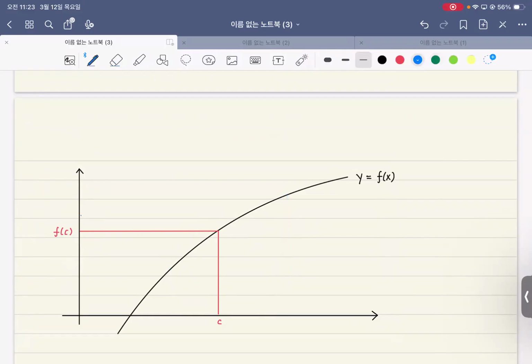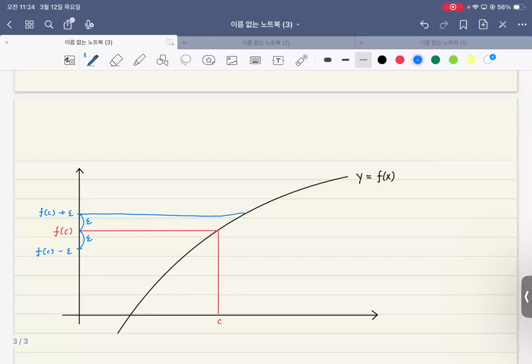Okay, this time I will choose a smaller epsilon. So if this is my epsilon, then this point is f of c plus epsilon. This is f of c minus epsilon.